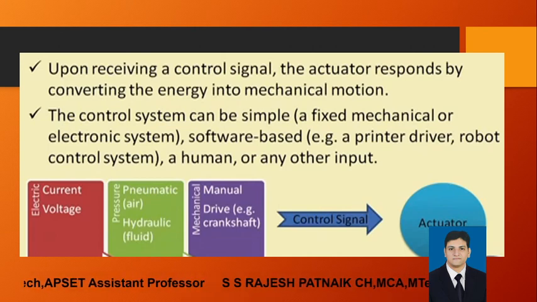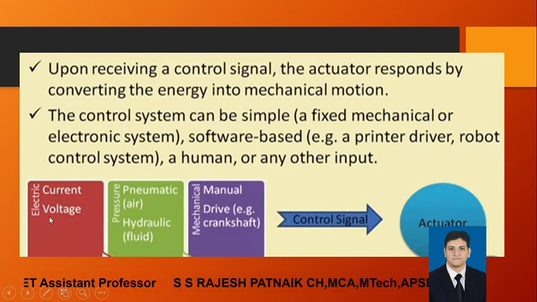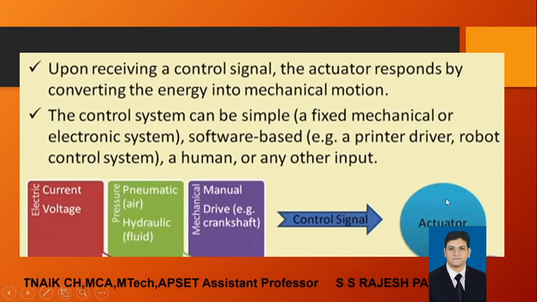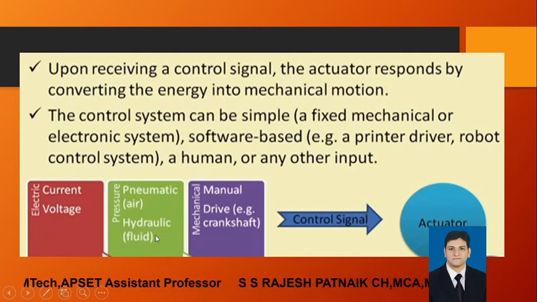So here, there are different types of things. Electronic current voltage is the type of resource that will generate the control signal and perform a certain action in the actuator. Otherwise, pneumatic or hydraulic energy.